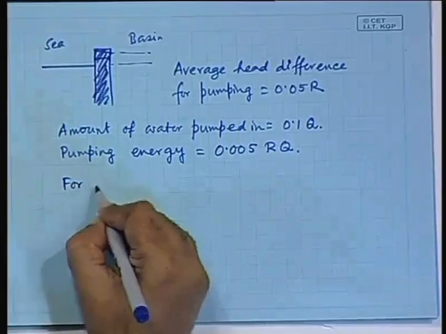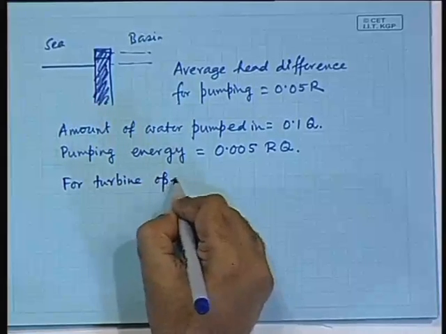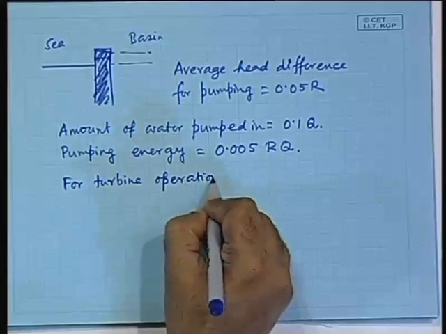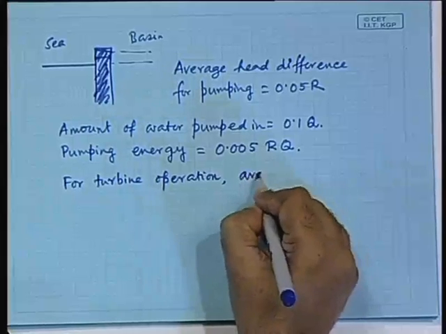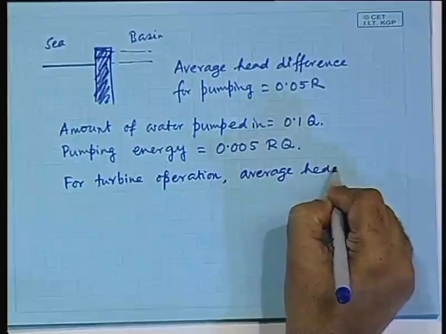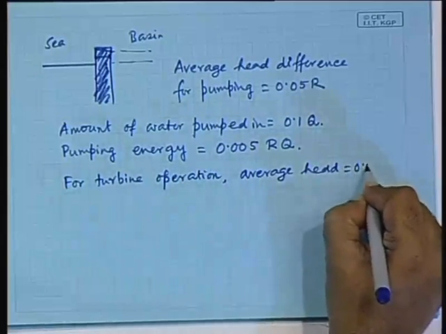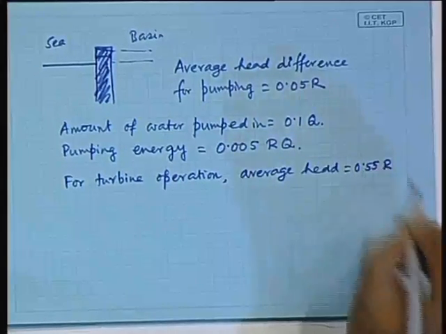So for turbine operation, the average head is 0.55 R.